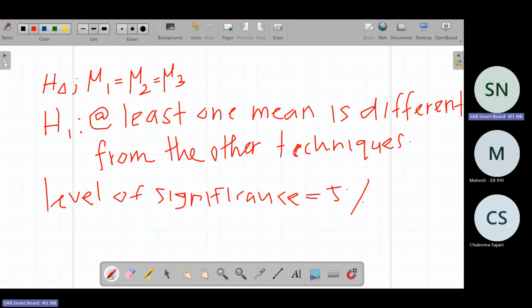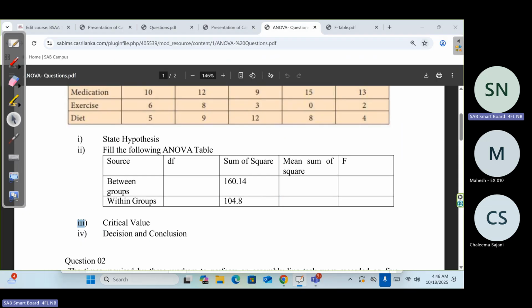Then the third step, you need to find out the test statistic value. Here you need to fill out this table, so that you can find the F value. First you need to find out the DF value. What is the DF value between groups? Between groups, K minus 1.